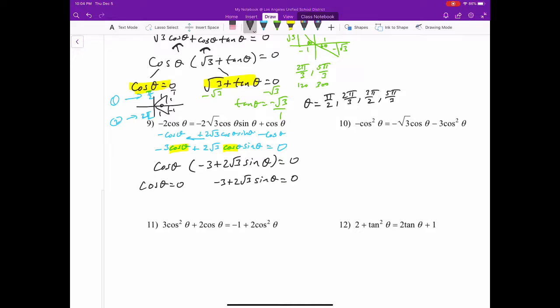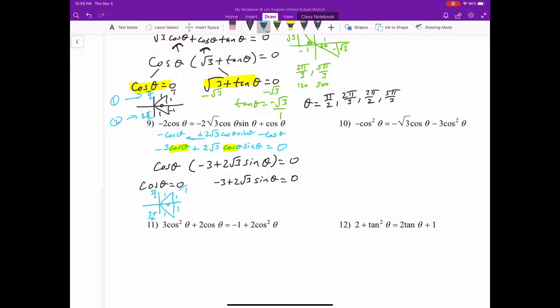Rewriting this, cosine of theta equals 0. We know cosine is x over the hypotenuse, 0 over 1 is 0, so that's going to be a 0, 1, 1 triangle. So we're at pi over 2 and 3 pi over 2.